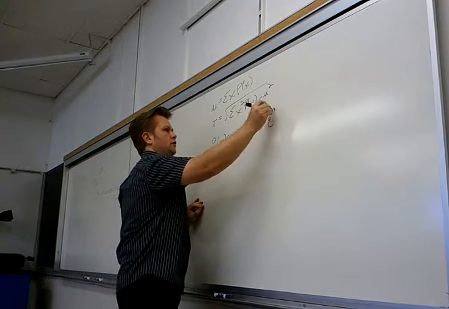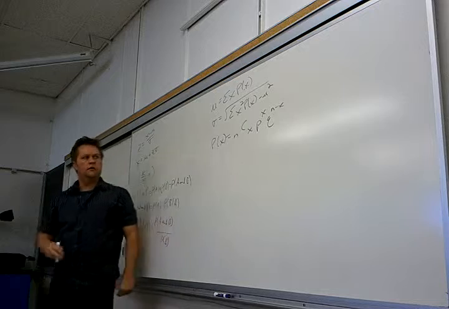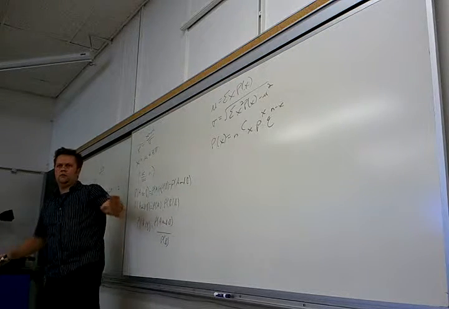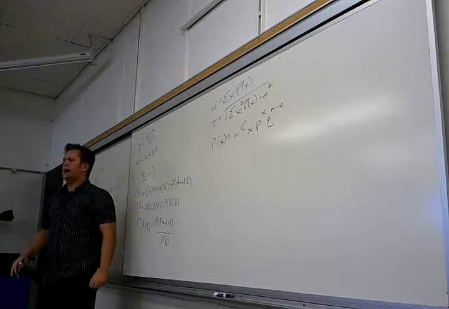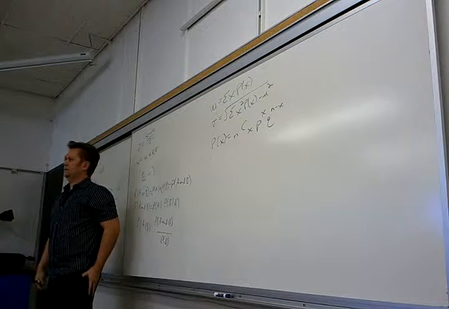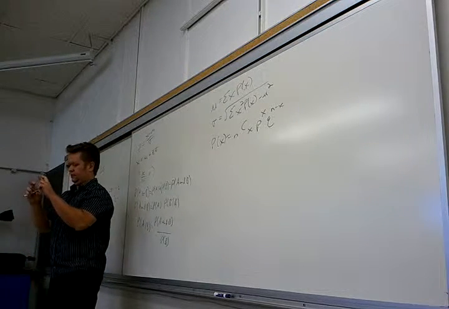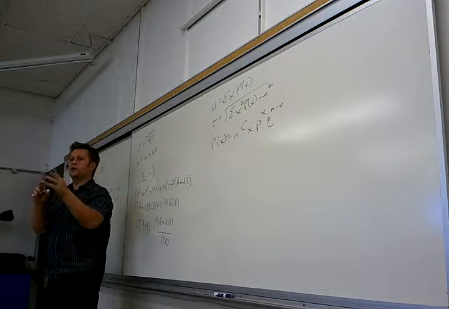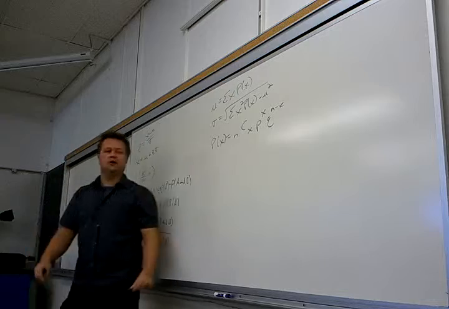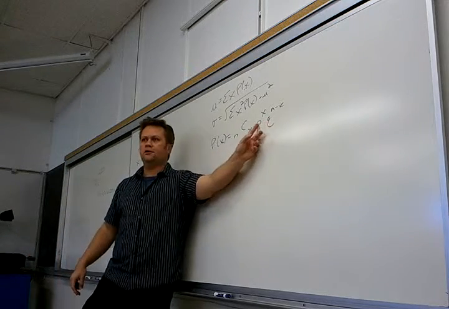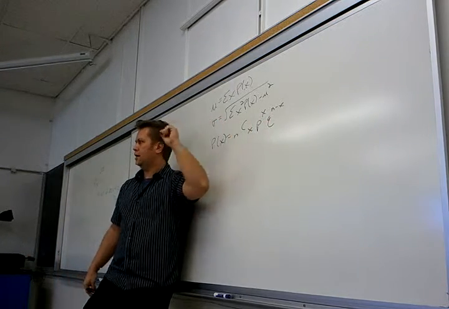Chapter 5 concluded with this guy here. What's this for? What kind of distribution is that for? Binomial, yes. It's a binomial. How do I know it's binomial? There's two outcomes. P and Q are the probabilities of those two outcomes.